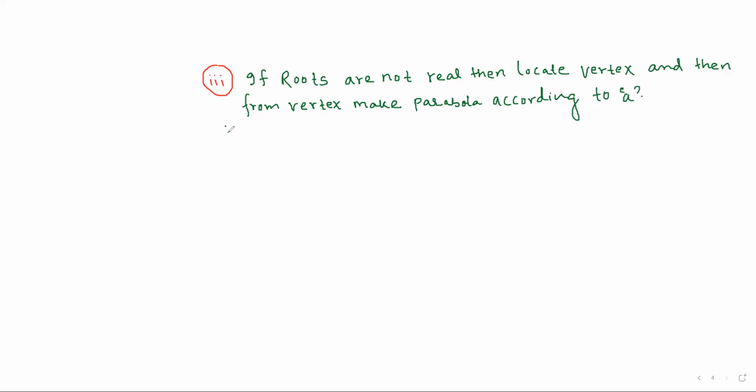I'm just giving an example. From the example, you can understand properly. Example is y is equal to minus x square plus 2x minus 5. So a is minus 1, b is 2, and c is minus 5.